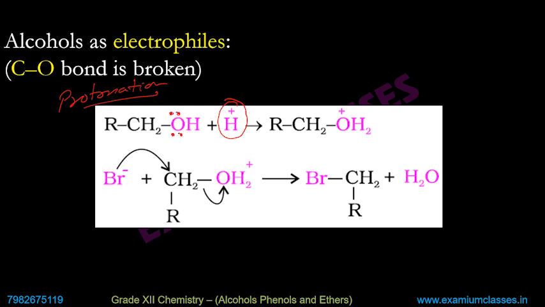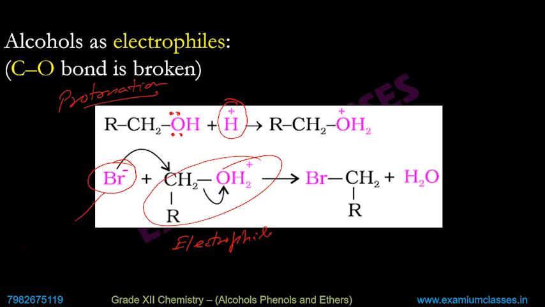Because this oxygen has a lone pair. After that, a nucleophile. Remember, the alcohol itself is acting as electrophile. So that's why this is acting as electrophile. The other species might act as nucleophile.